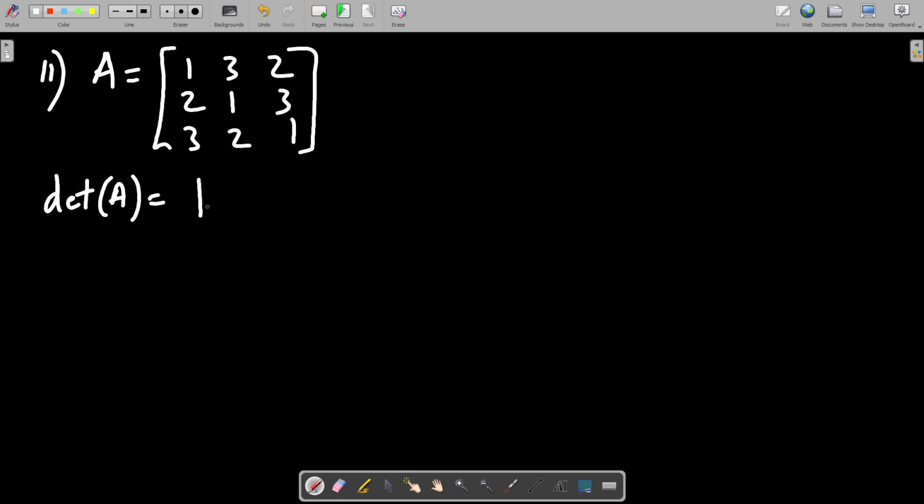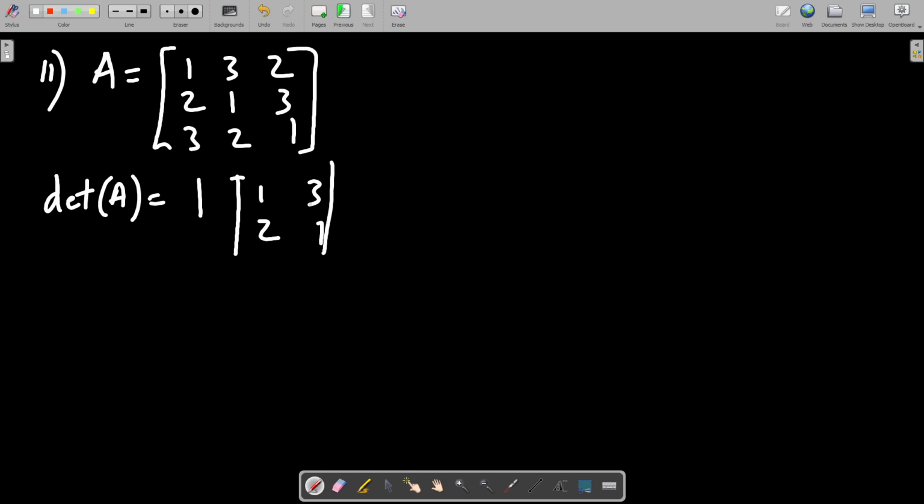This is going to become 1 times, delete the row which contains 1 and the column which contains 1, which will leave us with 1 3, 2 1.